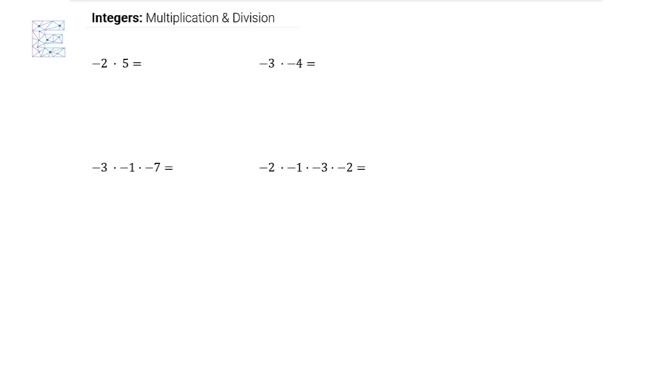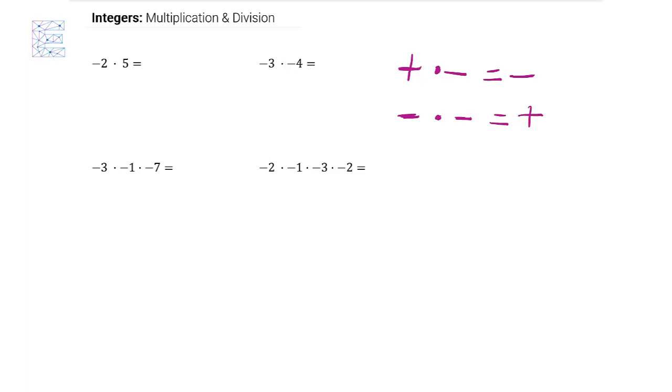So let's get started. When you're multiplying integers, we need to remember two rules. A positive times a negative will always give you a negative. The second rule, a negative times a negative will always give you a positive.